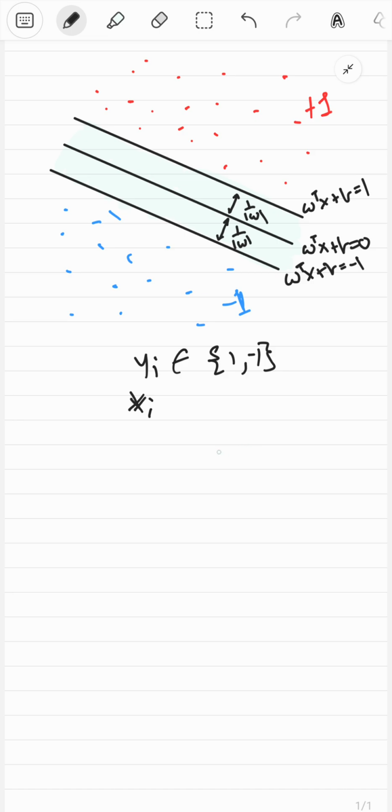Our prediction yi hat is just the signum of a linear function, which is omega transpose (or w transpose, or whatever) x plus b. So it's just a dot product between some vector and x, plus b. Now what we want to do is maximize this margin, which is 1 upon the magnitude of omega.